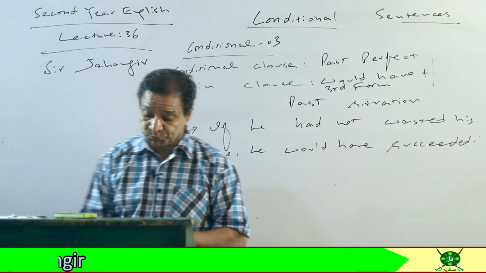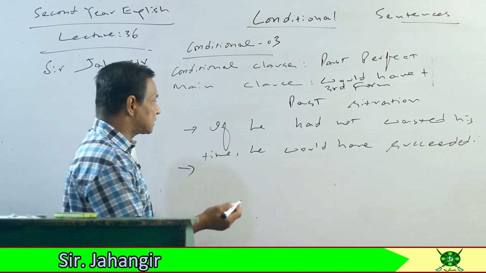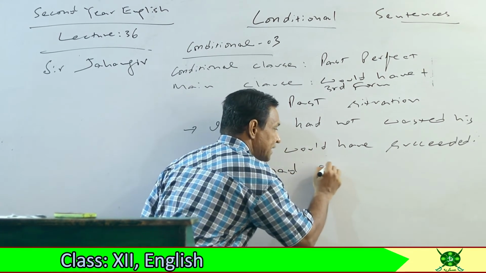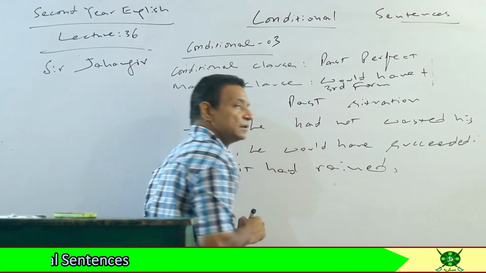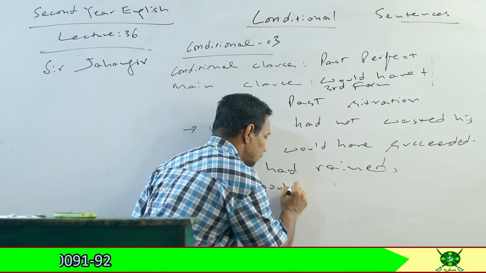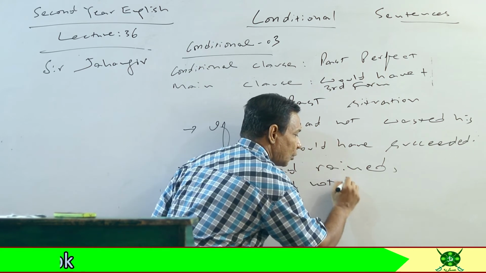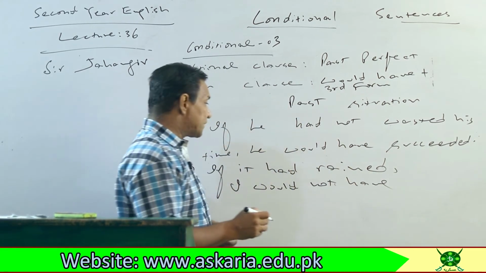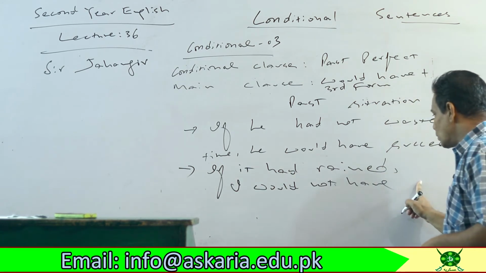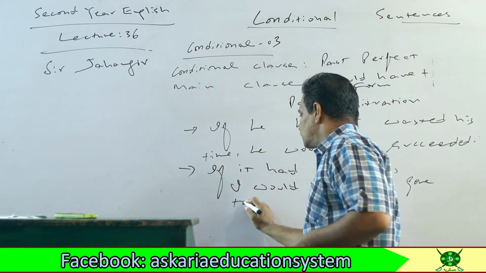All right, more example. For example, again in the past, if it had rained. Okay, now you're talking about the past, right? If it had rained, I would not have gone to college.